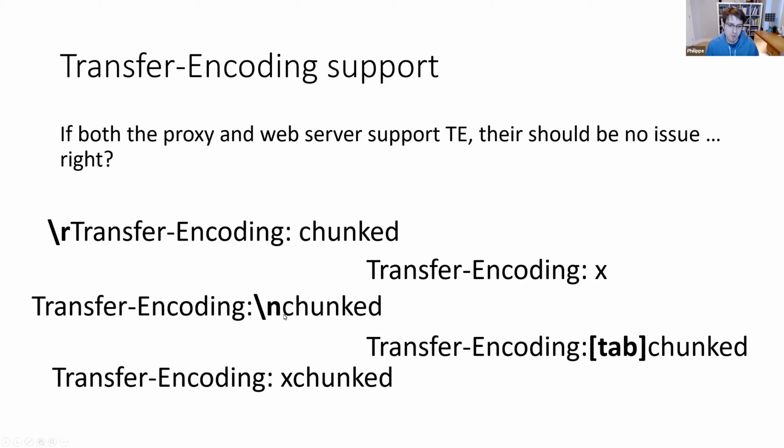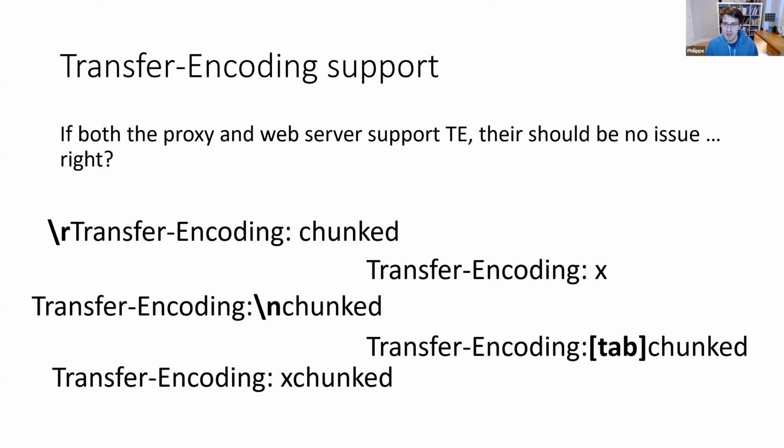Sometimes some supported new lines or tabs between values and header names. So these are just some examples. Sometimes, instead of doing an exact match, they will look at whether it contains chunked in the values.